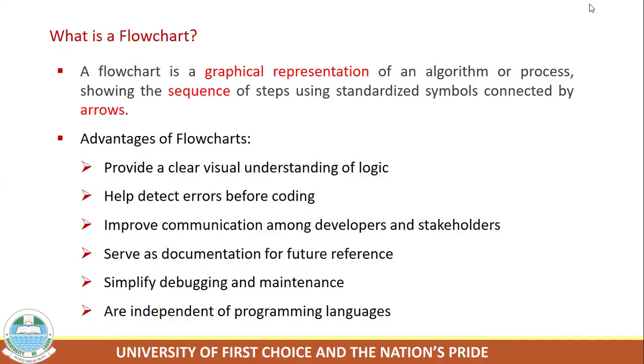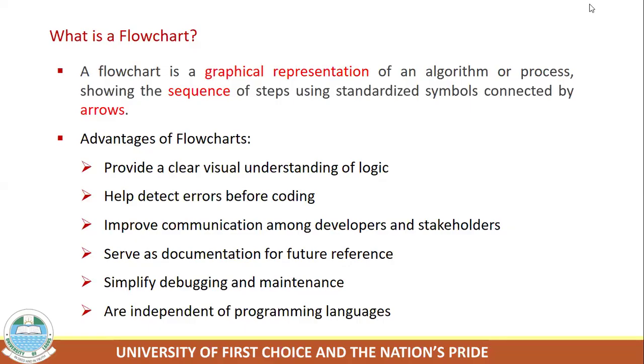What step do I take after another? Sequence means you know how the process flows. Which one comes first? Which one is second, third? How do I deviate if this does not work? So it shows the sequence of steps using standardized symbols connected by arrows.